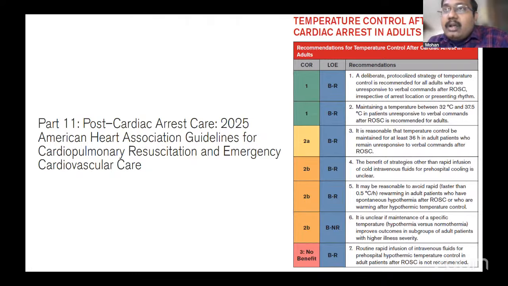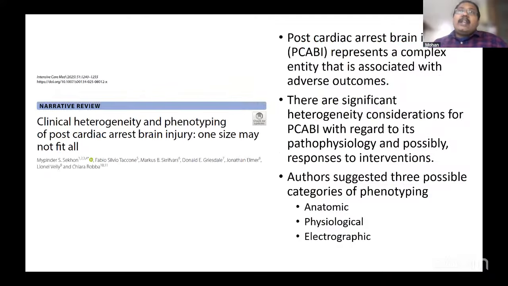Now we get to see that over the last 15 minutes I've been talking about a lot of trials, a lot of categories of patients: out of hospital, in hospital, shockable rhythm, non-shockable rhythms. That is how post-cardiac arrest brain injury patients were traditionally categorized.